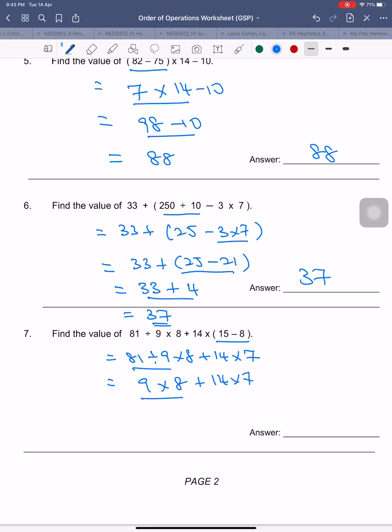Again, left to right, 72. Now you have addition and multiplication. Rule number 2 says do multiplication first. So 14 times 7, 98, and lastly 72 plus 98, 170.